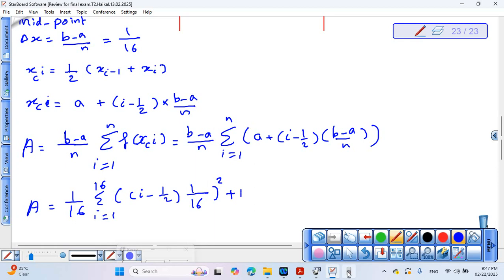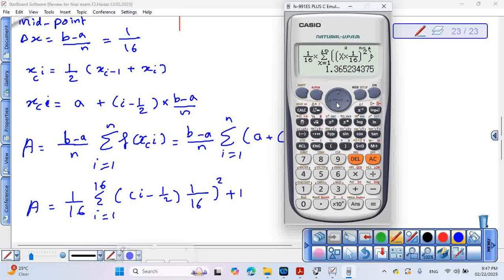Just substitute in this formula by using calculator. This is 1 over 16 times summation, open brackets, this is x minus half, close the brackets, times 1 over 16. Here, open also another bracket.